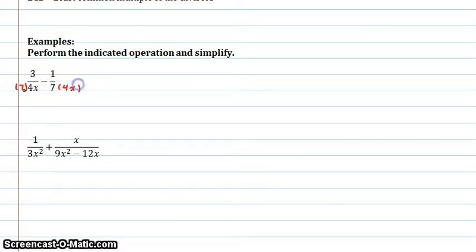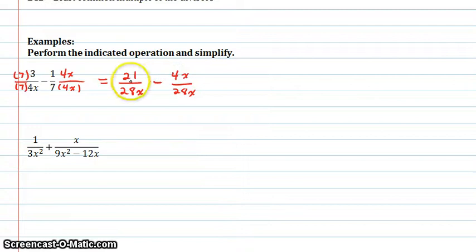Now whatever I do to the bottom of a fraction to keep that fraction the same, I'm going to do that to the top of the fraction. Okay, so I'm going to multiply this by 7 over 7, and this fraction I'm going to multiply by 4x over 4x. So what that becomes is if I multiply my numerators here, I have 21 over 28x minus 4x over 28x.